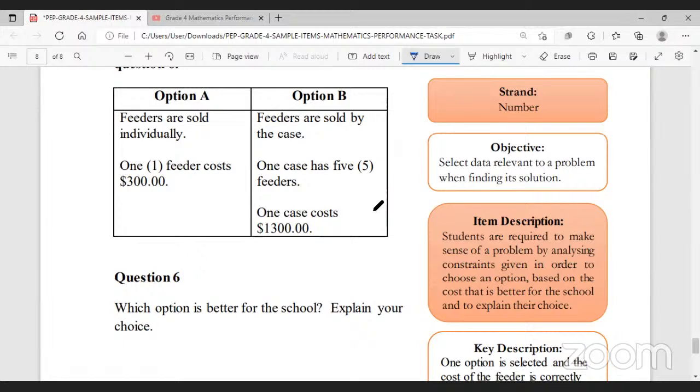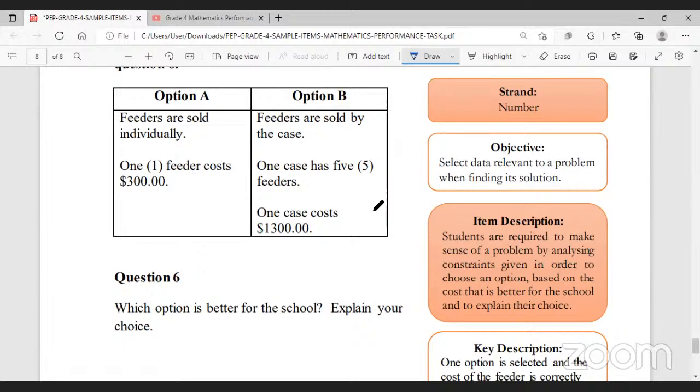So if we buy 5 more feeders, which is another case, that's $2,600 because 1,300 plus 1,300 is 2,600. We don't need 10 feeders. We would have 3 extra feeders, which is totally unnecessary. That is something that we must bear in mind.